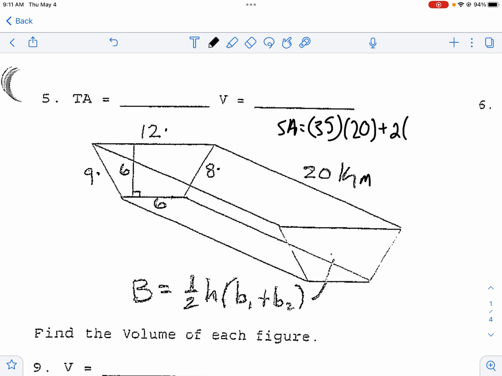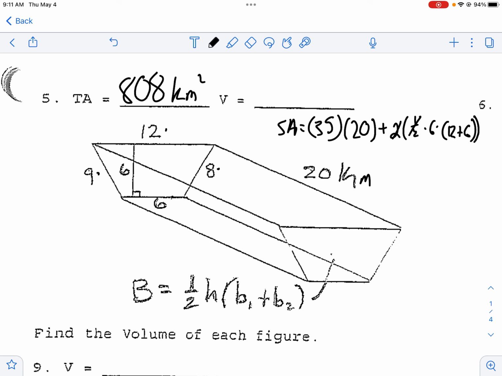The area of the base is 1/2 times the height, which is 6, times 12 plus 6. These can cancel. That's going to end up being 6 times 18 plus 35 times 20. Get 808 kilometers squared.